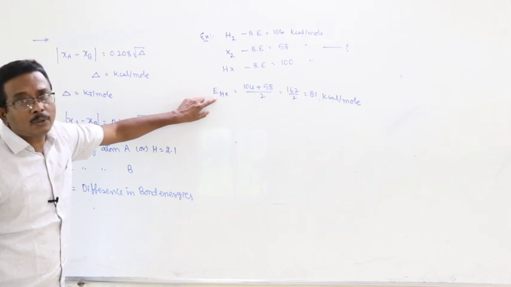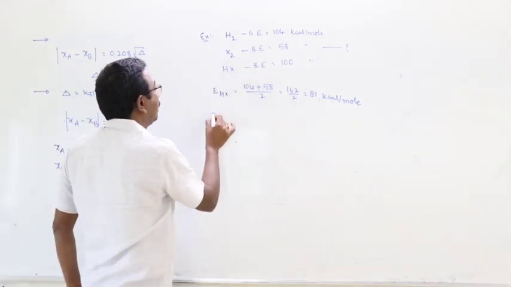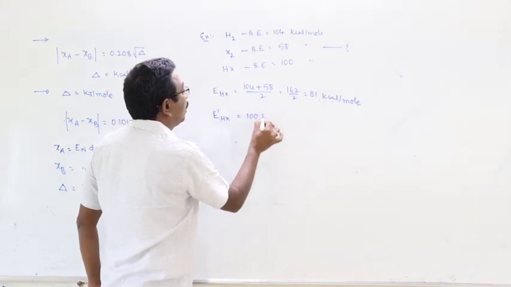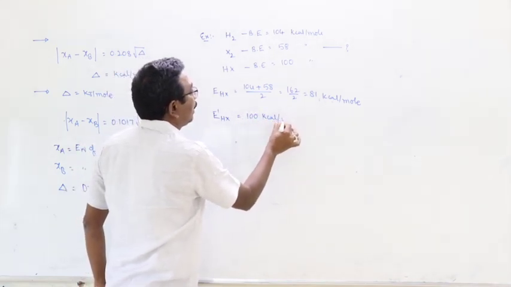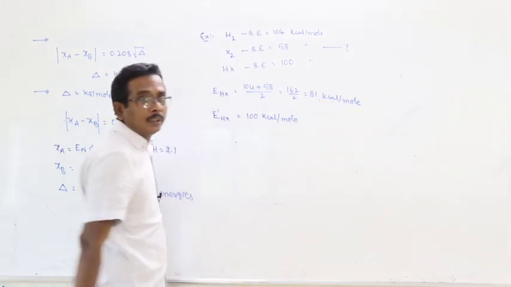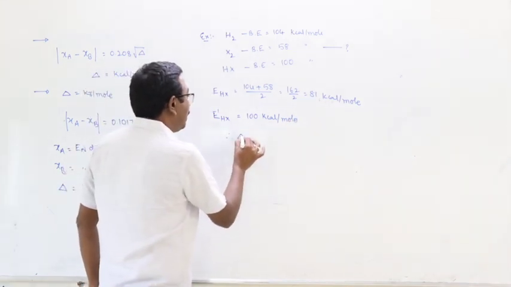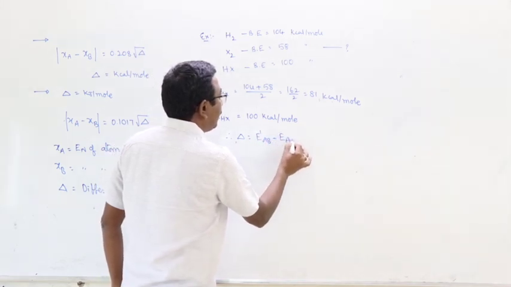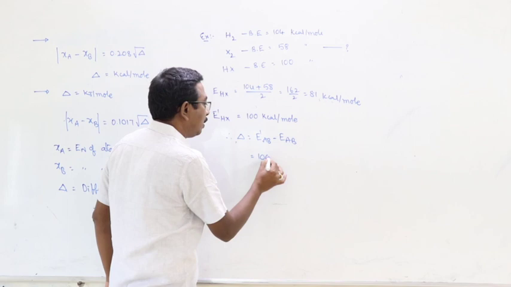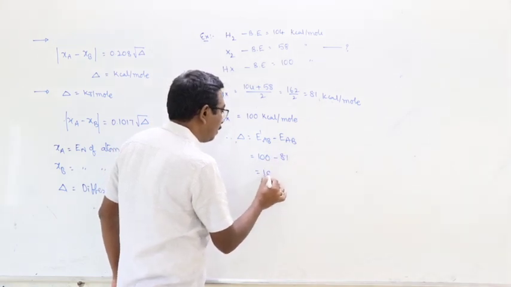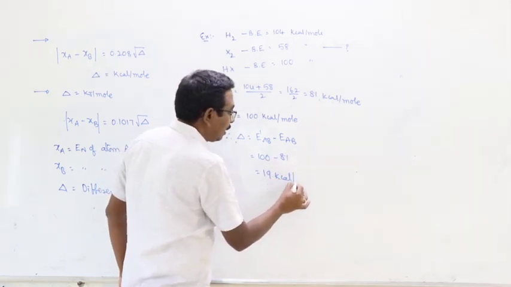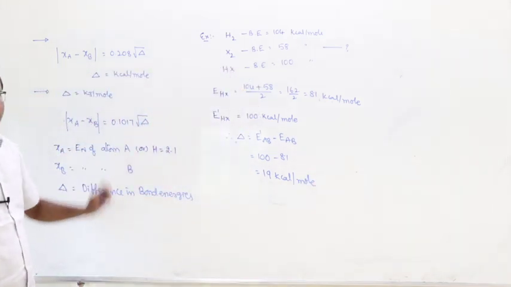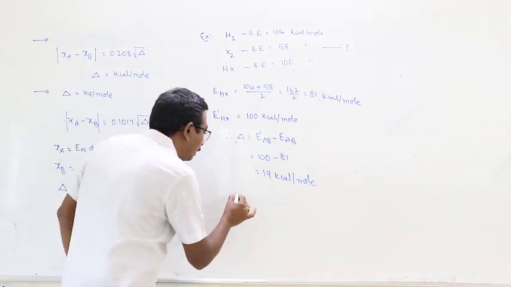This is theoretically calculated bond energy, but experimentally calculated bond energy HX is equal to 100 kilocalories per mole. Therefore, difference is equal to E dash AB minus EAB, that is equal to 100 minus 81, that is equal to 19 kilocalories per mole. Step 1 is over.